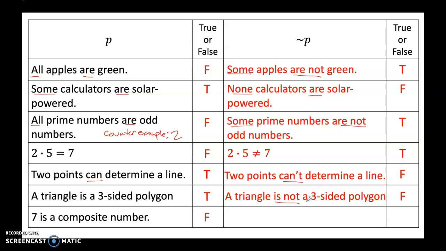It can be accepted as not P, or we can have 7 is a prime number, because the reverse of a composite number is a prime number. But we can also write the given as 7 is not a composite number. This is both acceptable as a negation of the given statement.